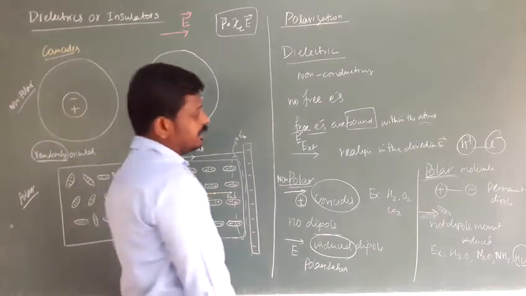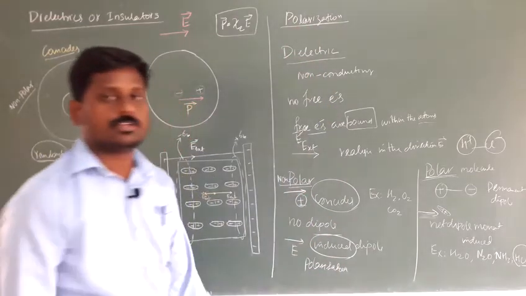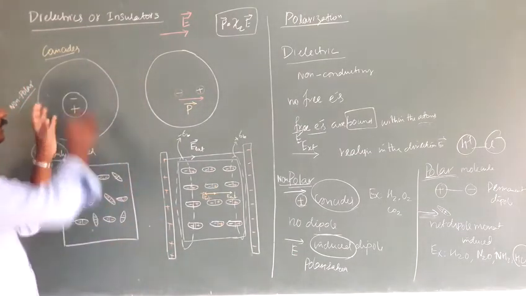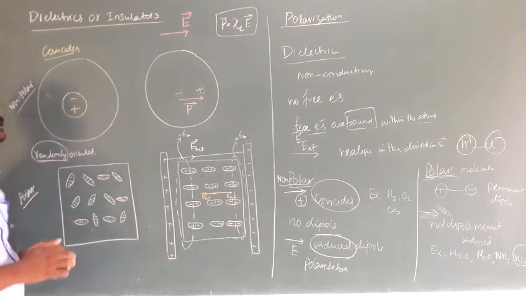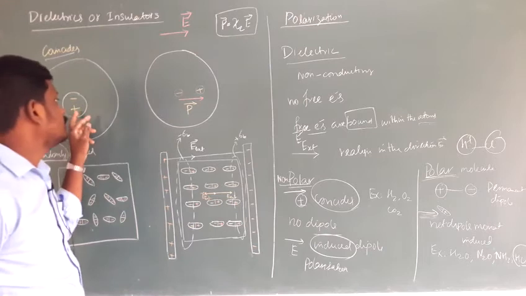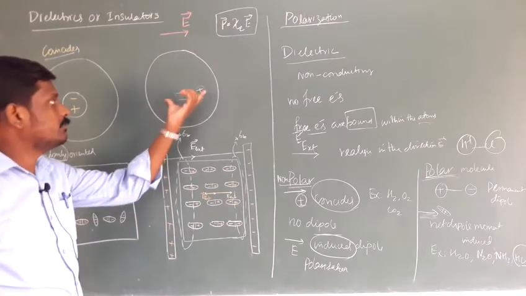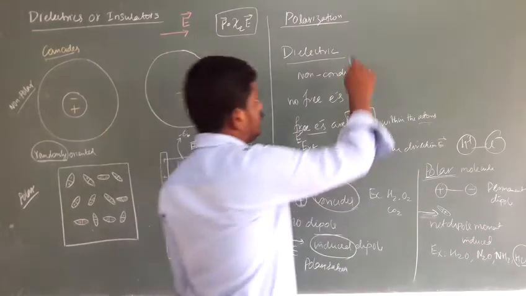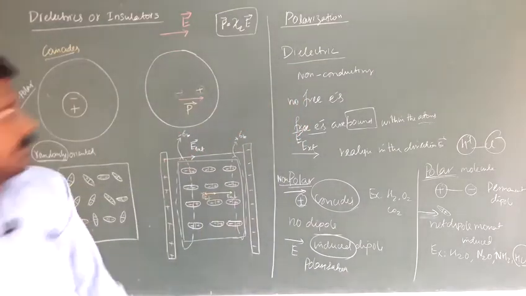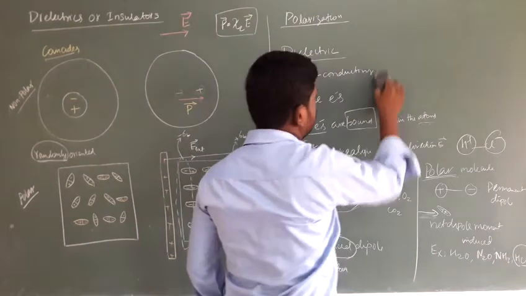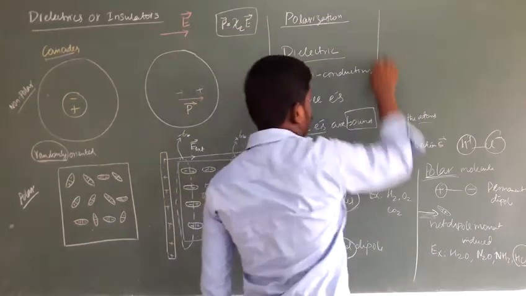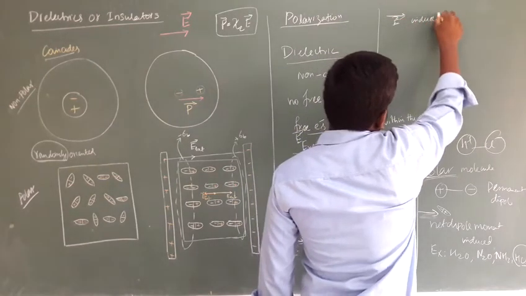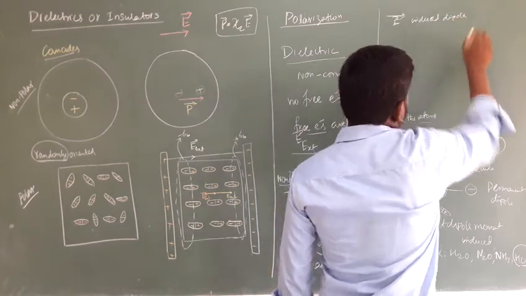Next, polarization. What is the meaning of polarized? The positive charge and negative charge coincide. By applying an electric field, the positive charge is separated from the negative charge, so it creates a dipole. That is polarization. By applying an electric field, induced dipoles are produced in the dielectric.